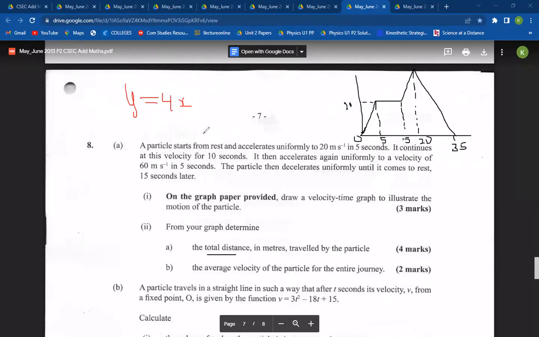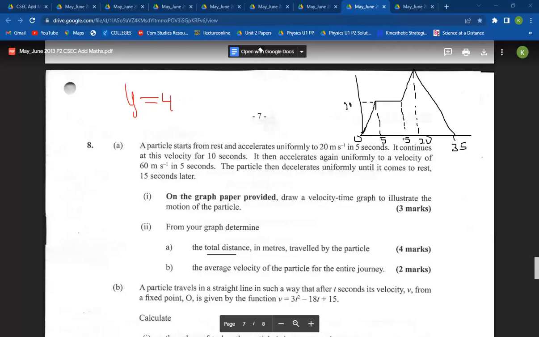This equation, the 4x. I know you said you abandoned it. 4x, which is for t.